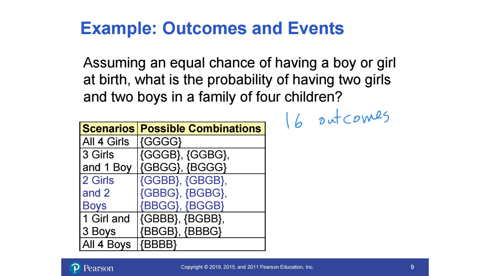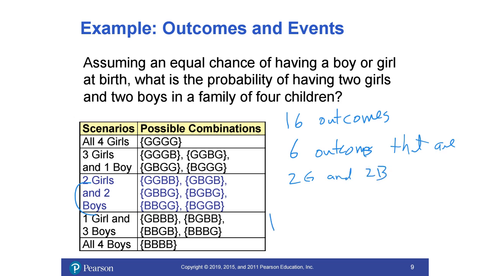Now, out of those outcomes, how many ways are there to have 2 boys and 2 girls, which is what we care about? Well, there are 1, 2, 3, 4, 5, 6 ways. So there are 6 outcomes that are 2 girls and 2 boys.